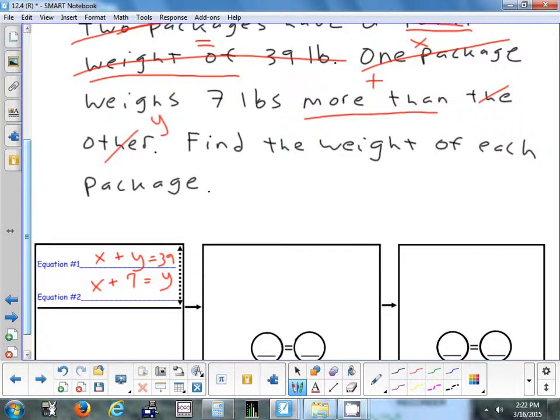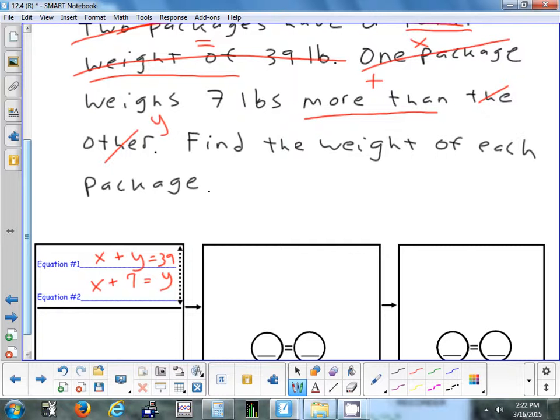One package, X, weighs 7 more than, which means plus 7, equals the other, which right now is Y. So all I did was cross out information, plug in letters, and change certain phrases to the operations they represented in math. That's all I did. I wrote them out.